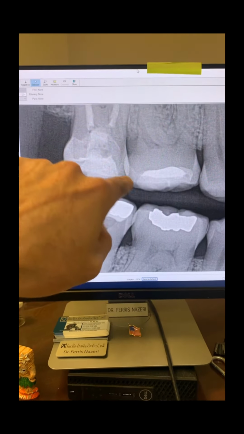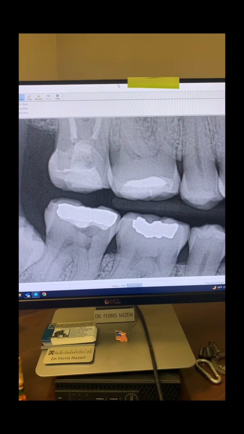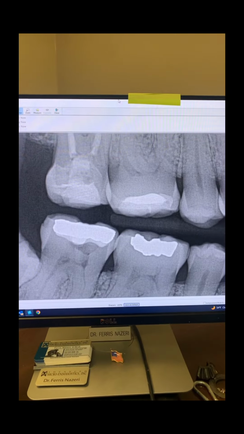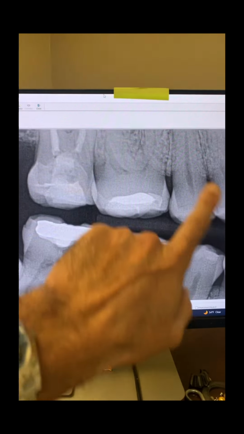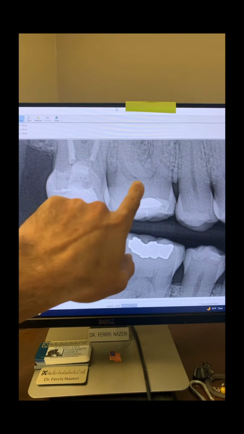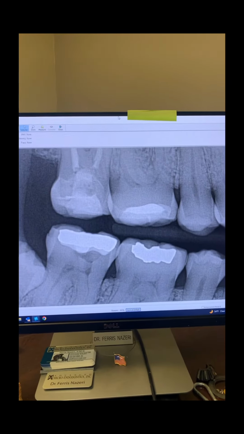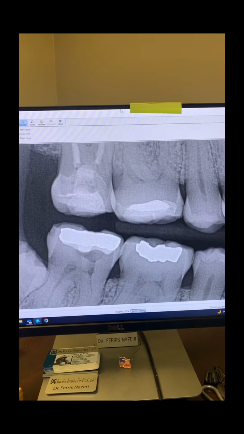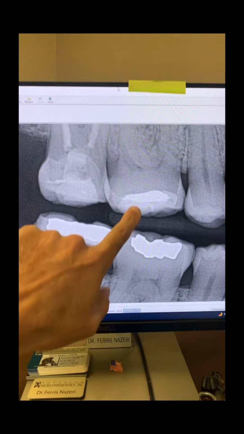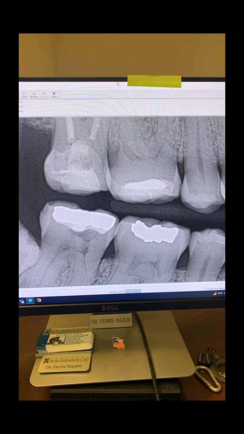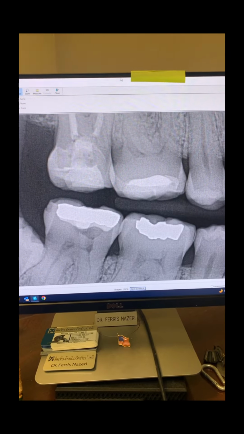You test the tooth, percussion within normal limits, palpation within normal limits. Cold, yes, it's a little bit more sensitive than the adjacent teeth. You test all the other teeth and compare the cold sensation of this tooth to the adjacent teeth. And yeah, this tooth is a little bit more sensitive than the other teeth, but there's no lingering pain. The cold sensitivity goes away within a few seconds, 2, 3, 4 seconds.